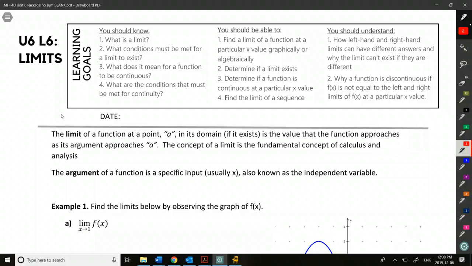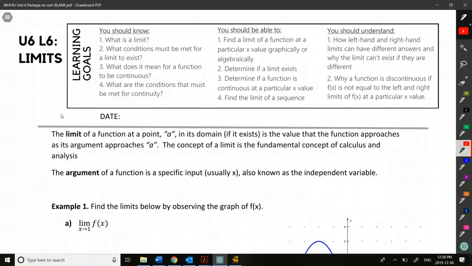This is kind of the idea of calculus. We can't do the Newton quotient without the idea of a limit, so approaching some particular value, right? But we can also do it just to see what a function is approaching. The argument of a function is a specific input, also known as the independent variable.